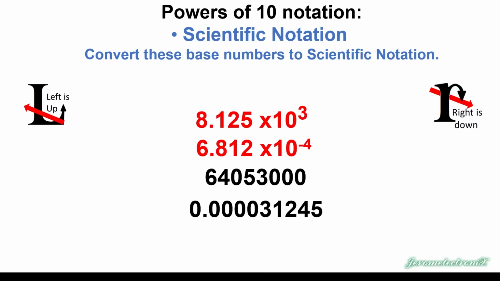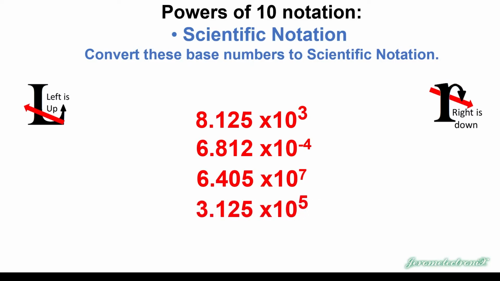The 6405300 becomes 6.405 times 10 to the 7th power. The 0.000031245 becomes 3.125 times 10 to the 5th power.